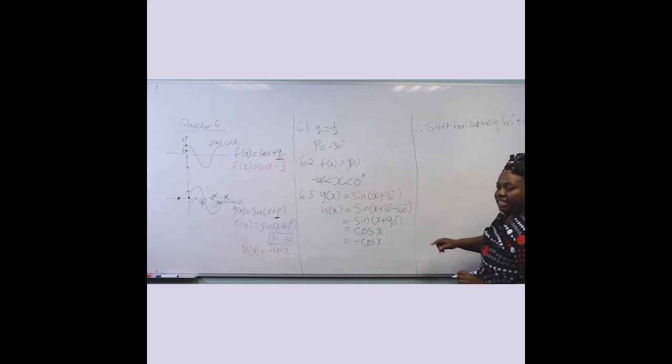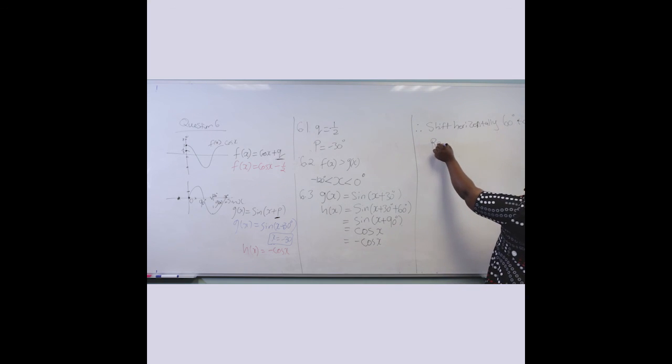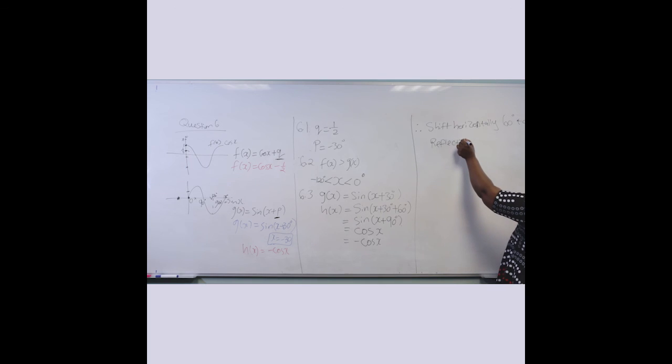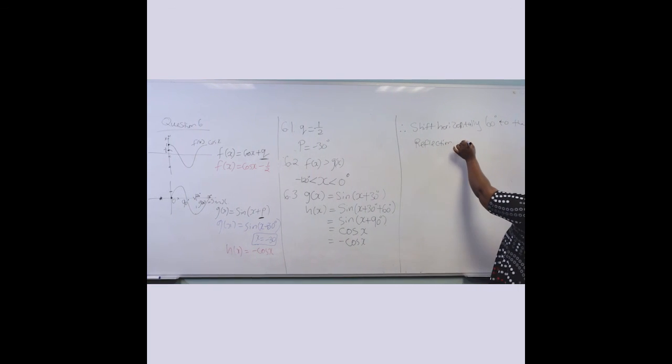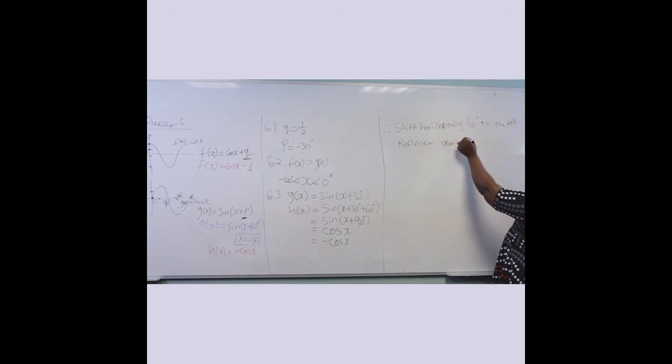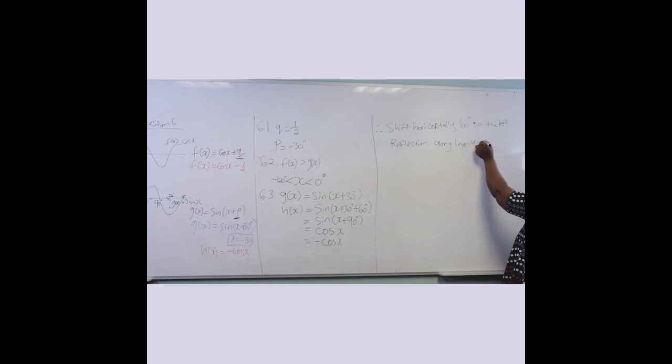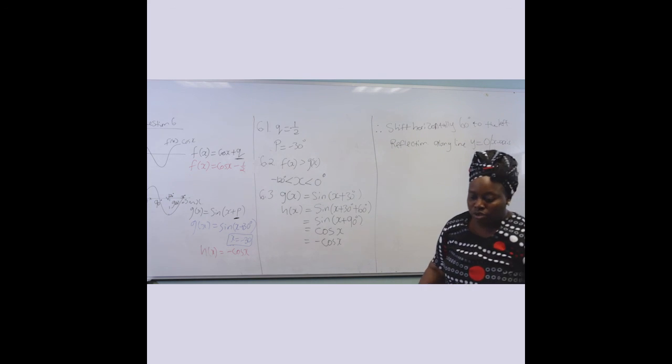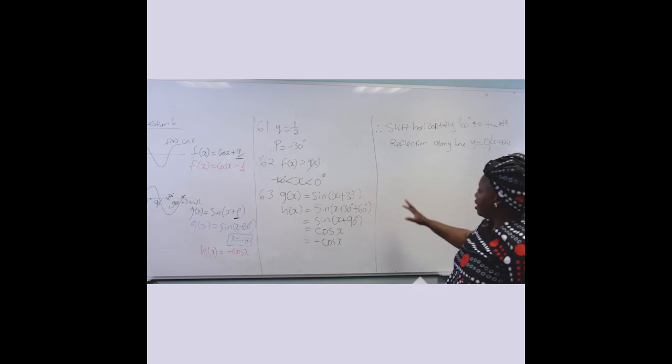And another one is that there's a reflection along the line y equals 0, or the x-axis. You can use line y equals 0 or the x-axis. So these are the two explanations that they wanted you to give, and it's 2 marks, so each of them has 1.